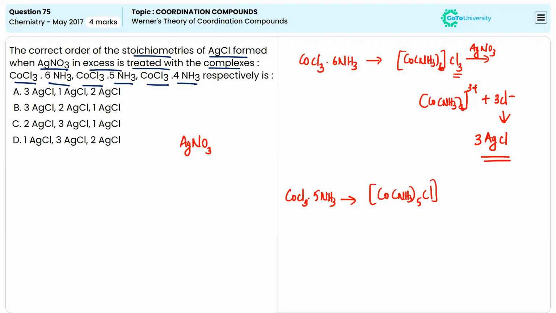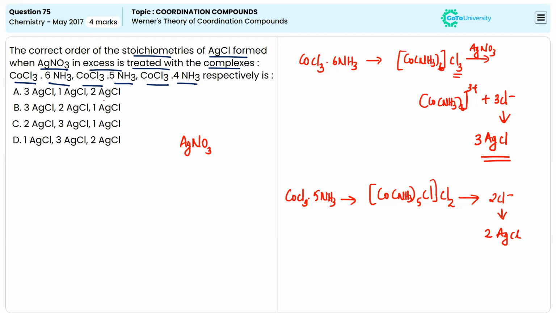Inside the coordination sphere we have only 5 NH3, so one chlorine atom should be there to complete the coordination number 6. So two chlorine atoms will be outside the coordination sphere. During ionization they will produce the [Co(NH3)5Cl] 2+ complex and 2Cl minus. The 2Cl minus ions will be precipitated as AgCl. So you will get 2 moles of AgCl.